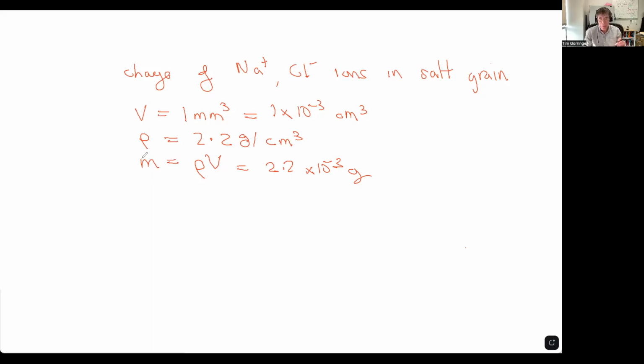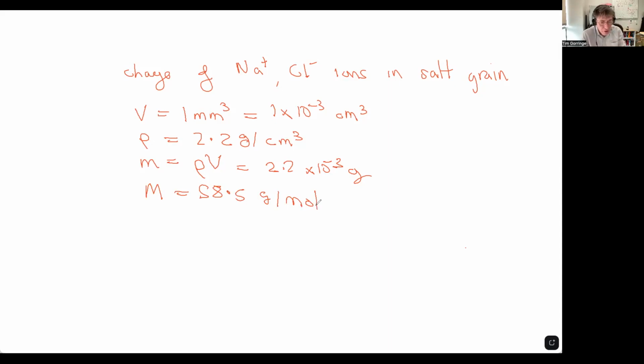The molar mass is how many grams 1 mole of sodium chloride weighs, the mass of one mole of sodium chloride. I'll give that the symbol uppercase M for molar mass, and the molar mass is 58.5. Its units are grams per mole, because it's how many grams are in 1 mole of sodium chloride.